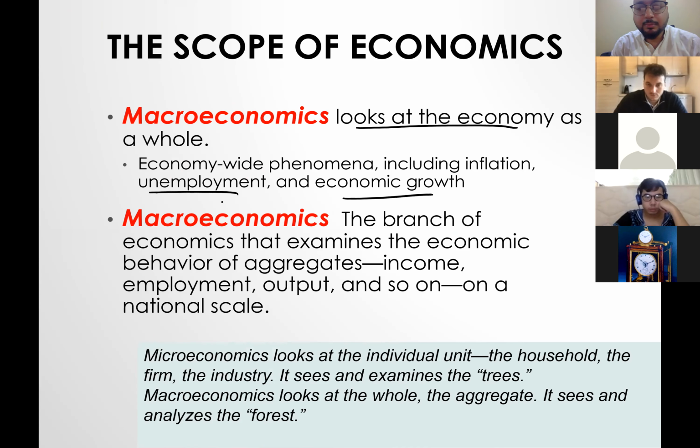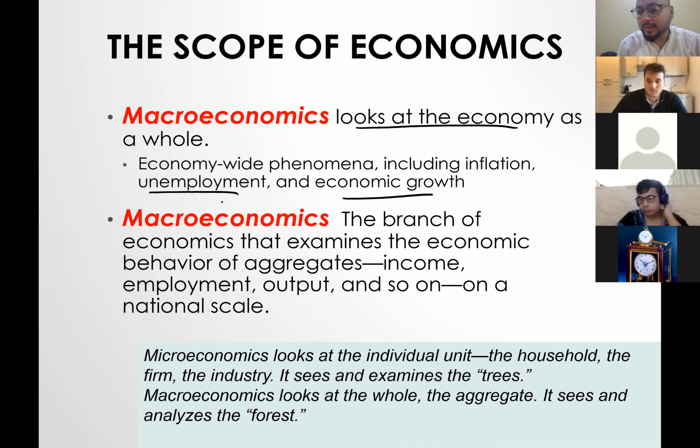Like we studied microeconomics, macroeconomics is a branch of economics that examines economic behavior in aggregate, for example income, employment, and output on a national scale. In a nutshell, micro looks at individual units, like a household or industry.